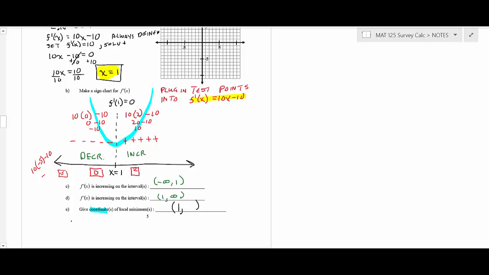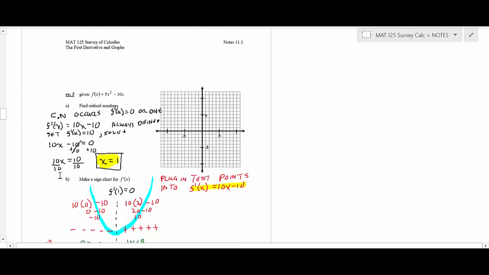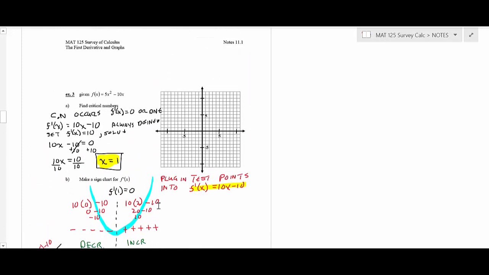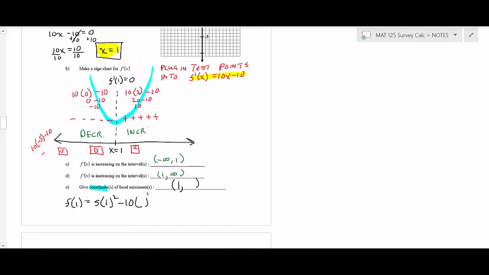So what we need to do is evaluate f of 1. Now we go to the function, which is 5x squared minus 10x. Make sure I got that right. Plug in a 1, because what you're doing is finding the y value of that function. So that would be 5 times 1 minus 10.